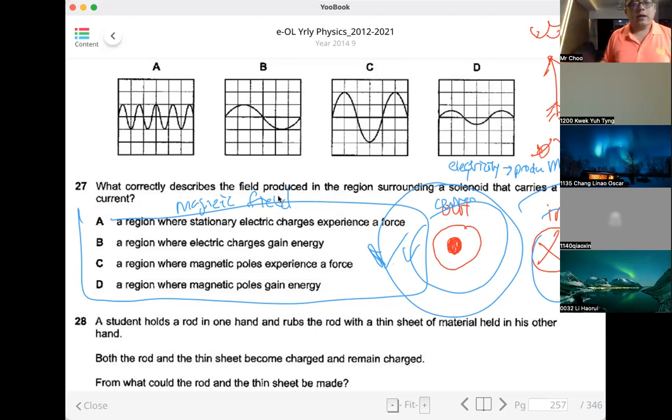Qiao Xing, try again. So what I'm trying to say is that electricity will always produce a magnetic field. So what field is produced when you have electricity? The answer should be a magnetic field. So which of these four answers describes a magnetic field? Okay, Pei Kwan, well done. Qiao Xing, well done. Where's the rest of you?